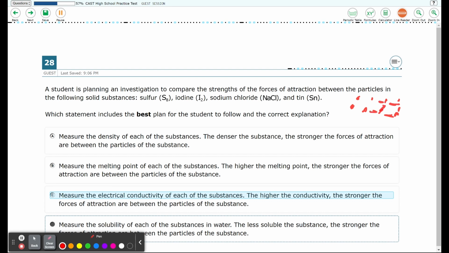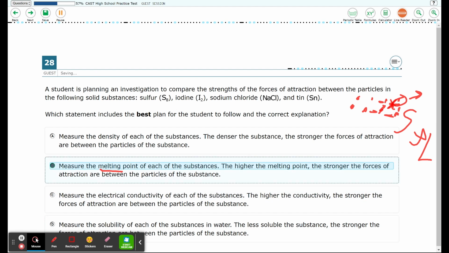So what we're really asking is, how do we break the bond that's holding a particle to the molecule next to it? What that looks like is, when we break the bonds between them and they're no longer held in place, we're taking a solid and turning it into a liquid. That's what happens when you melt a substance. So B would be the correct answer here.